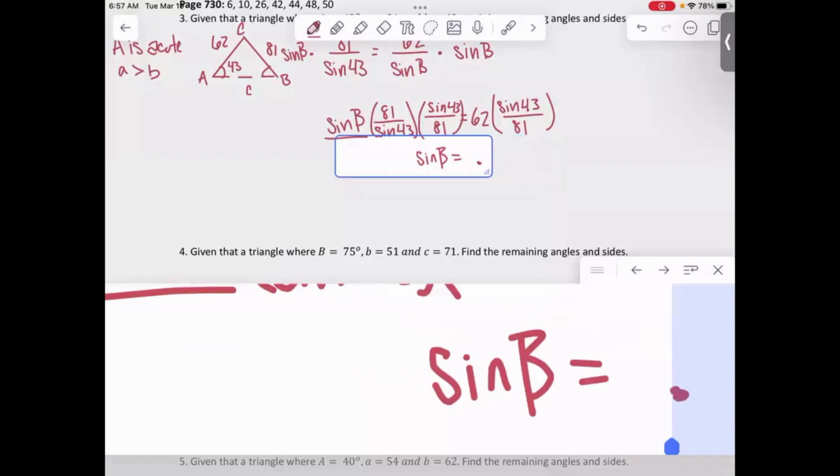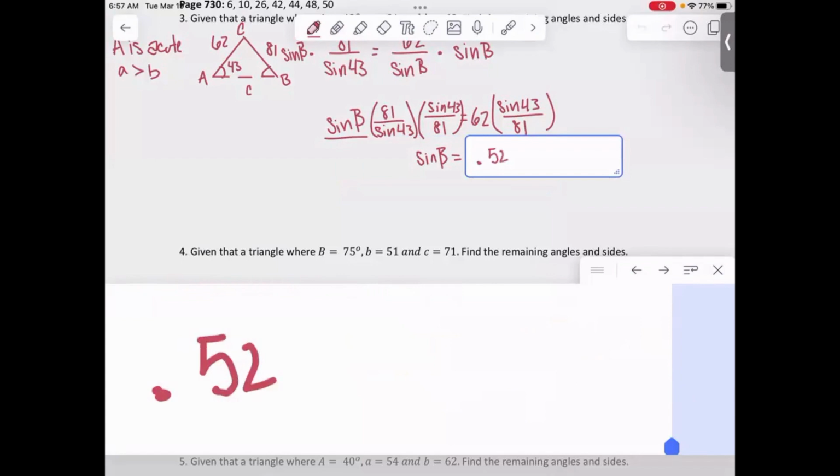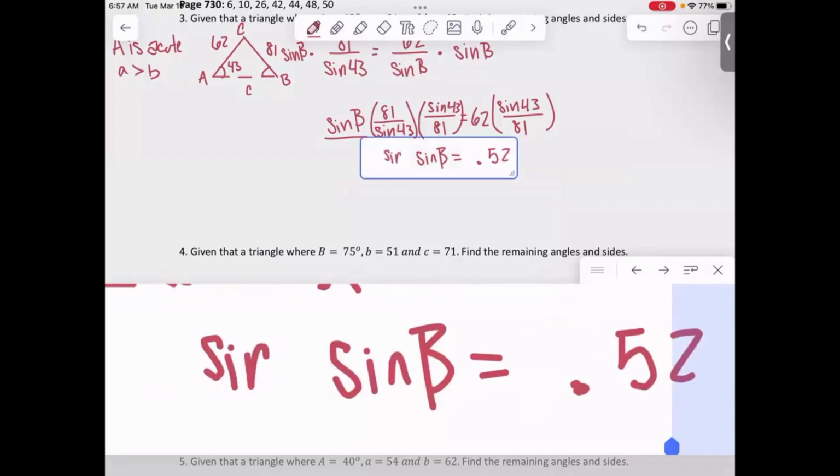0.52. But I'm not quite done yet because I need to find B. It says the sine of B is 0.52, but if I want to find B, we have to get rid of sine using inverse sine. So take inverse sine of both sides.